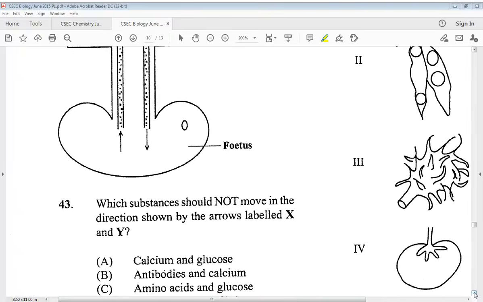So there we have it. So 43 says, which substances should not move in the direction shown by the arrows labeled X and Y?